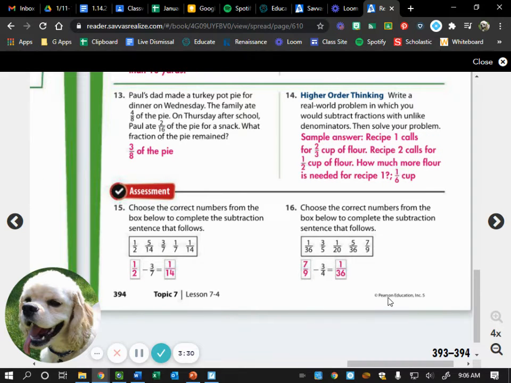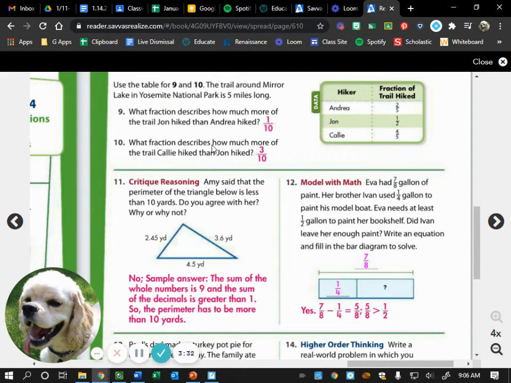So for page 394, we had 9 and 10 and then 13. For 9 and 10, we had to use the table that they gave us about the hikers and the fraction of the trail that they hiked. Number 9 said, what fraction describes how much more of the trail John hiked than Andrea hiked? So they're asking us to find the difference between the distances they hiked.